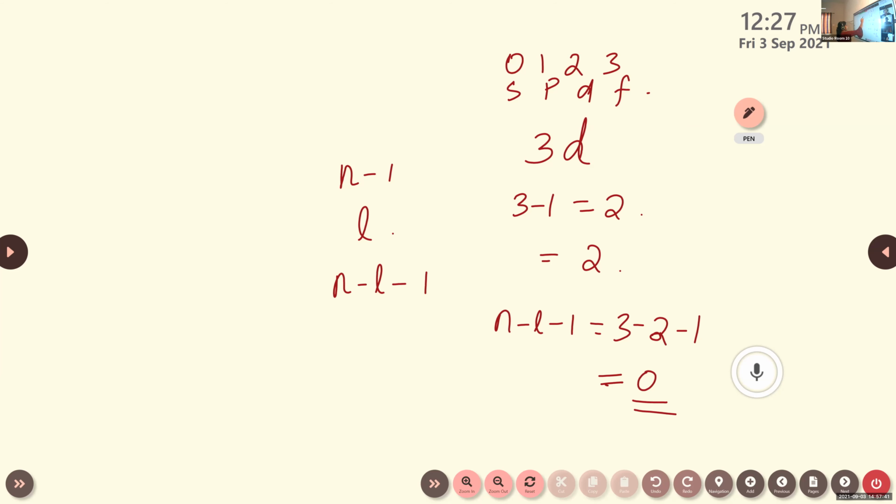Sanjana, can you tell me the modern periodic law? The physical and chemical properties are periodic functions of the atomic number. Okay, here they are periodic functions of atomic number, not atomic masses.